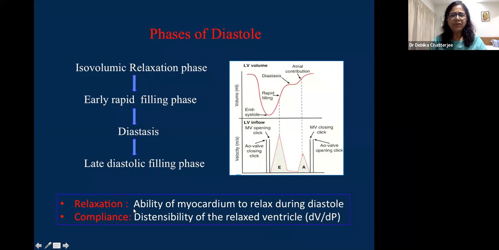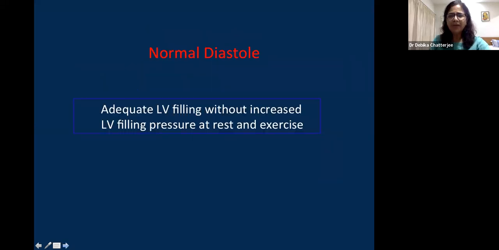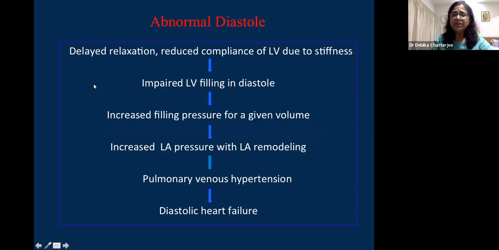Now, if both these two factors are normal, then you have a normal diastole where there is adequate LV filling without increased LV filling pressure at rest as well as exercise. But if there is impaired relaxation or there is reduced compliance of the LV due to stiffness, what will happen?